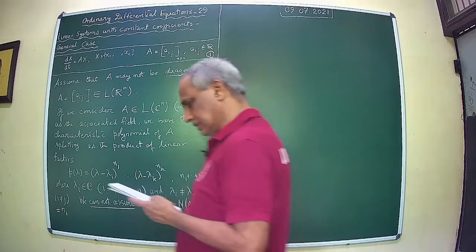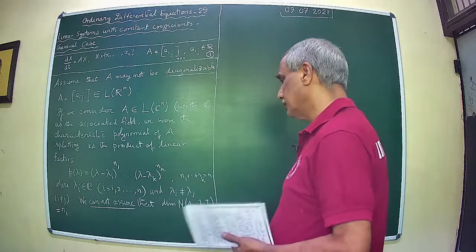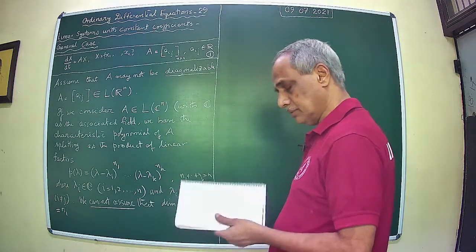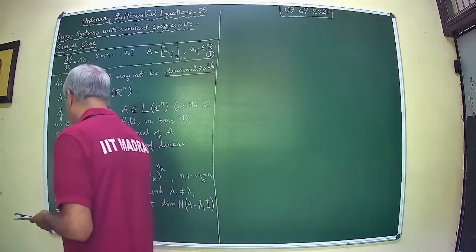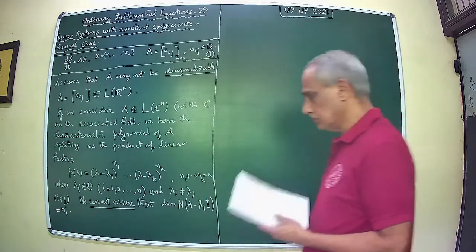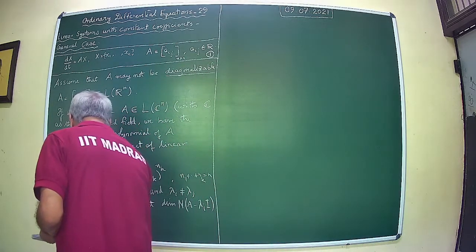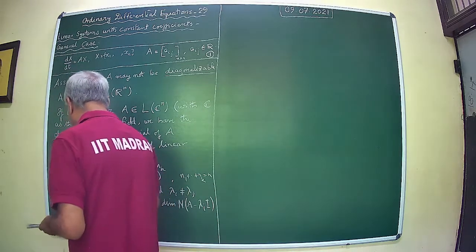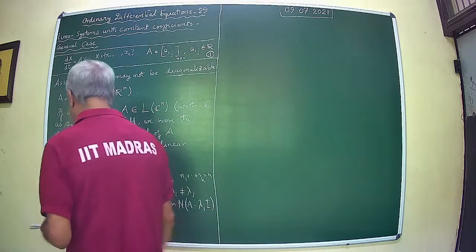Now for that, we will make certain notations, and then I don't know whether I talked about the primitive solution. Then we introduced this notation: D denotes d by dt.